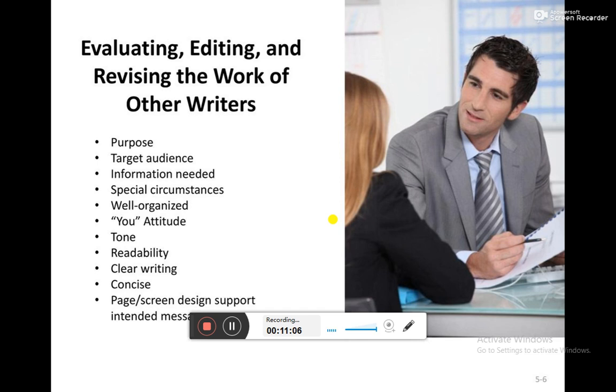If you try to edit or revise without knowing what the writer hoped to accomplish, you run the risk of making the piece less effective, not more.